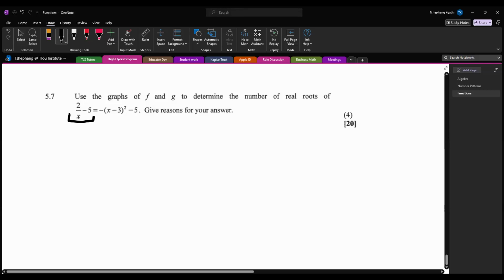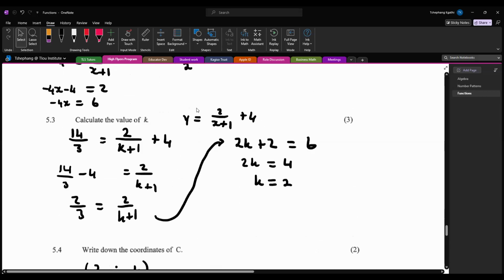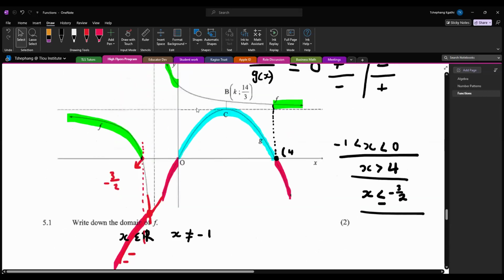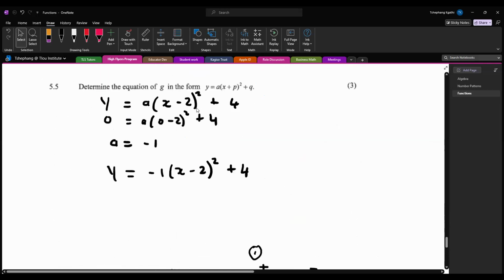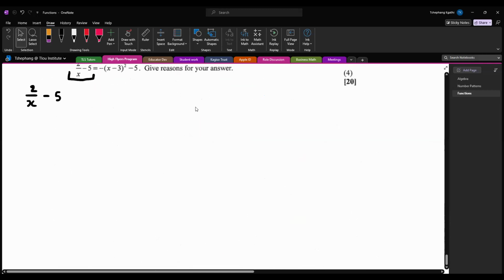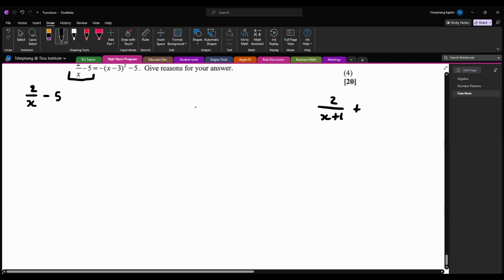Okay, so if I have 2/(x - 5), I'm going to try and relate it to the hyperbola, 2/(x + 1) + 4.